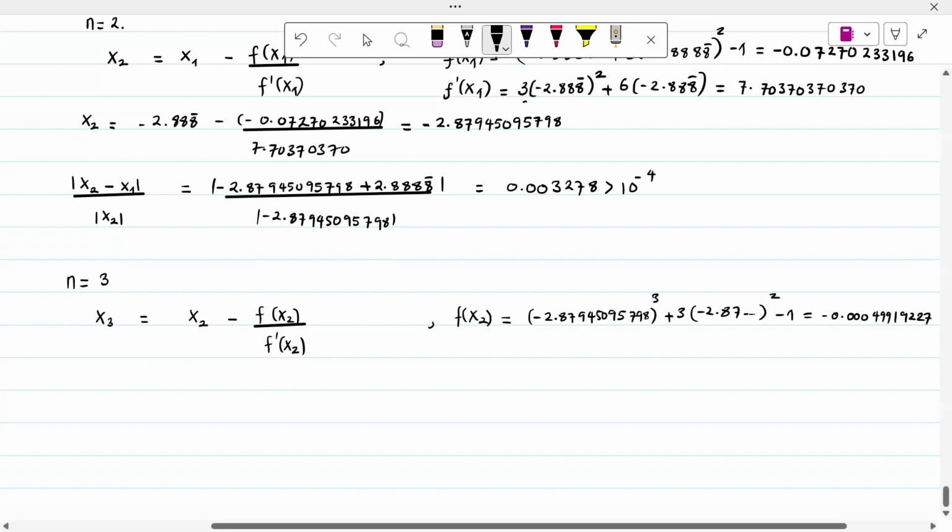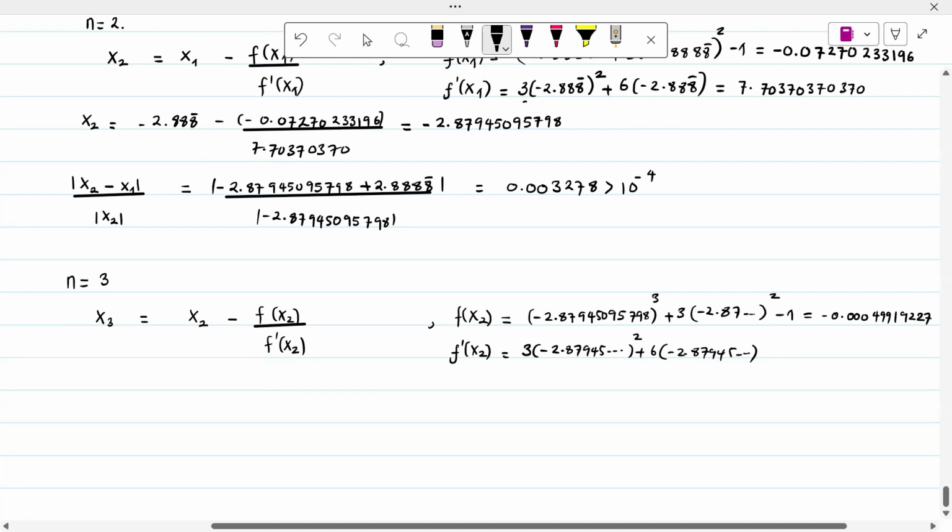So this is f of x2, and then also let's substitute in its derivative f prime of x2. Remember the derivative is 3 here, then negative 2.87945, the power 2, plus 6, negative 2.87945.